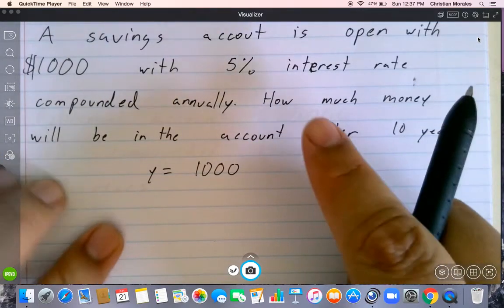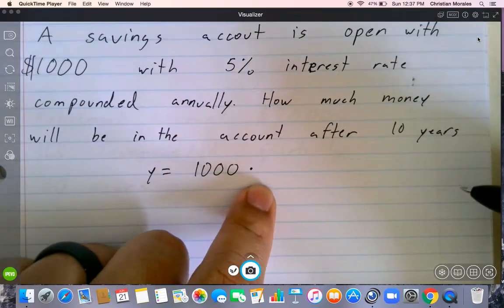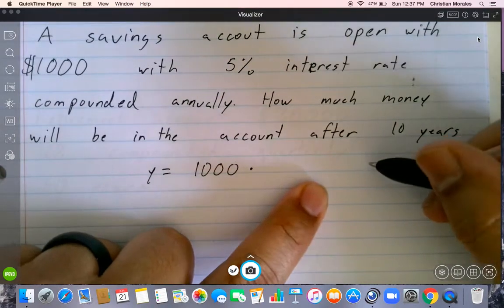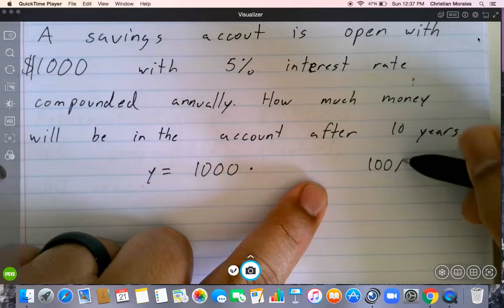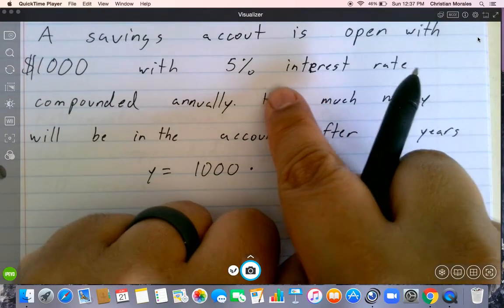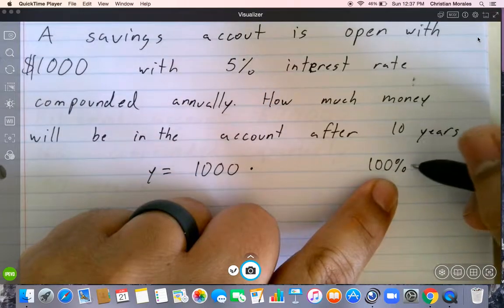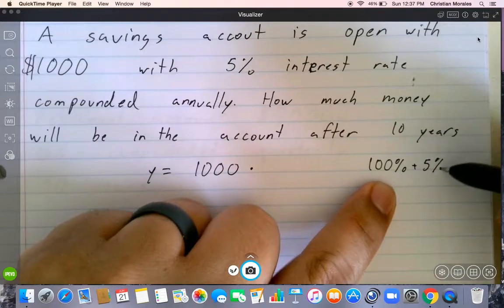Now, the B. Before I write it in, we have to figure that part out. It's 100%. That's 100% your money. They're going to give you 5% interest annually, every year. So you're going to add 5% to that.